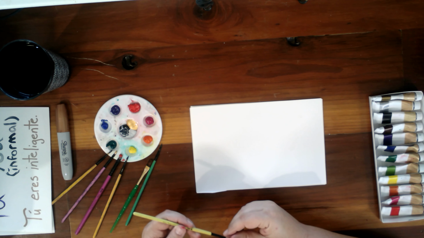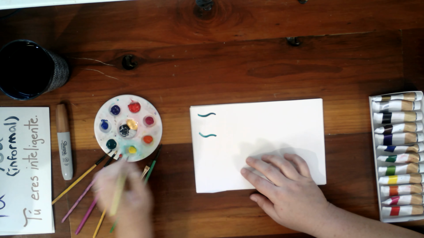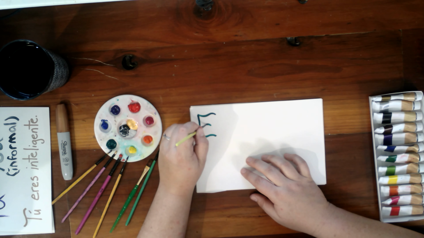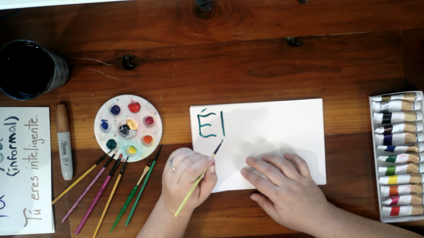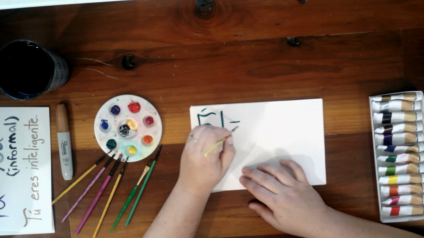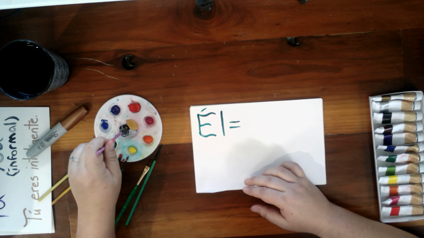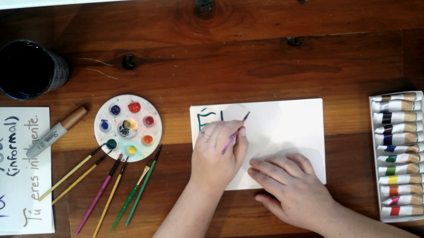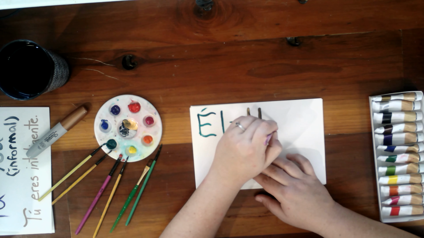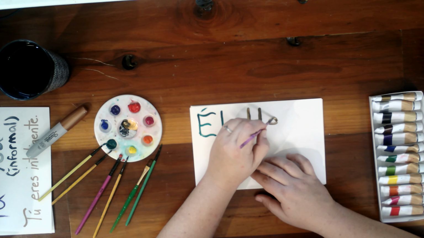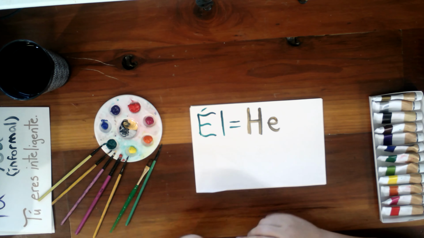Now the next pronoun is going to be what's called the third person pronoun. And I am going to use el color verde, mi favorito. And the third person pronoun is él, which stands for he. And yet again, the acento over the I es muy importante because el, without that acento over the I, means the, like el perro or el gato.